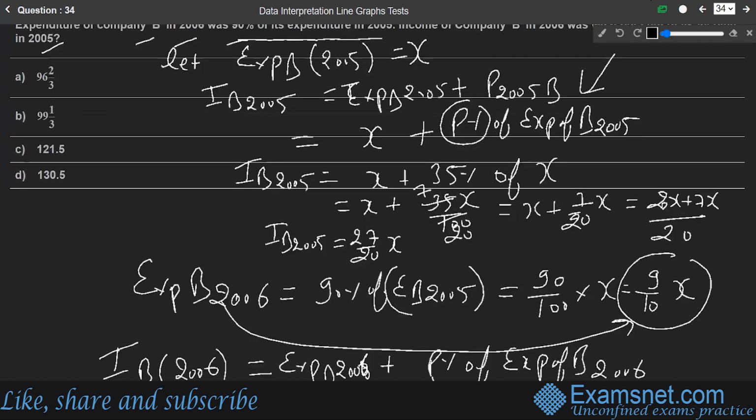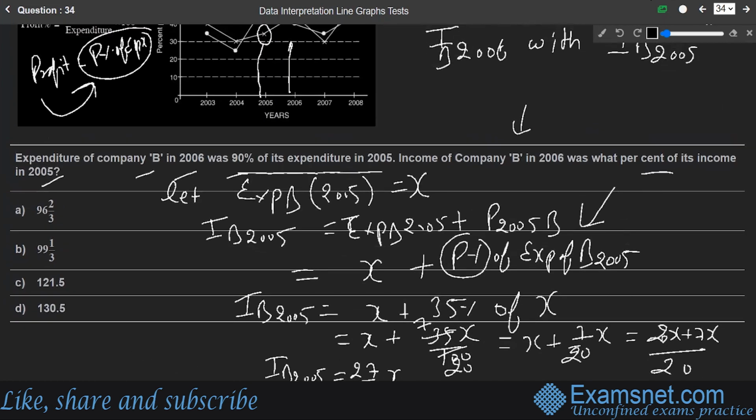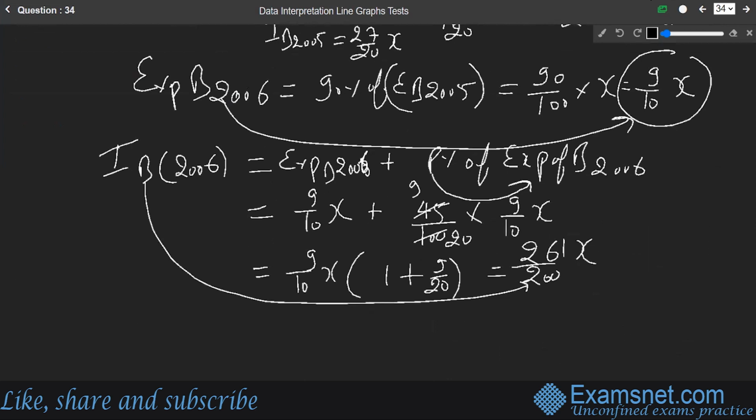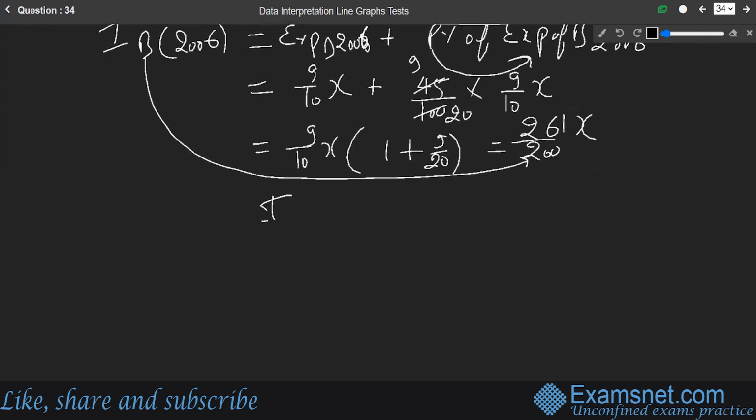What he has asked us is the income of company B in 2006 was what percent of income in 2005. So we have to find out the percentage as income of 2006 divided by income of 2005 into 100%. This is how we are supposed to find it.